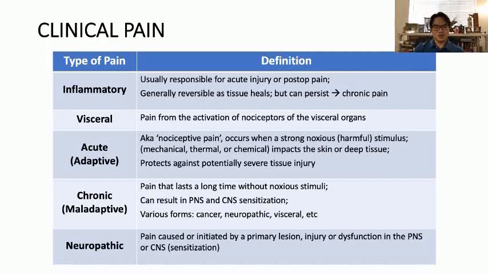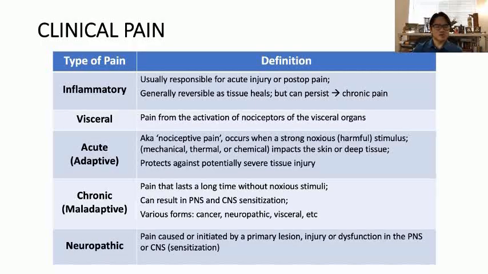Acute pain, also known as adaptive pain or nociceptive pain, occurs when a strong noxious stimulus, for example, mechanical, thermal, or chemical stimulus, impacts the skin or deep tissue, causing pain. Acute pain actually provides some protection to the body because it allows the body to protect against potentially severe tissue injury.